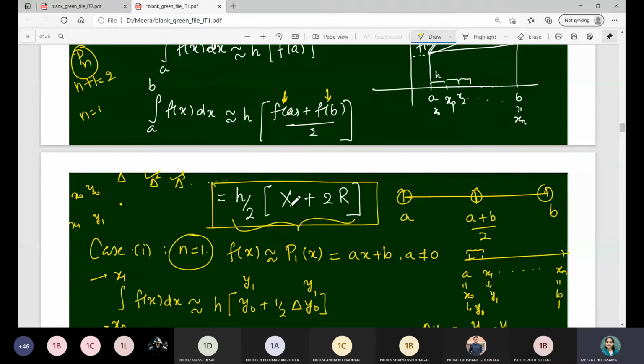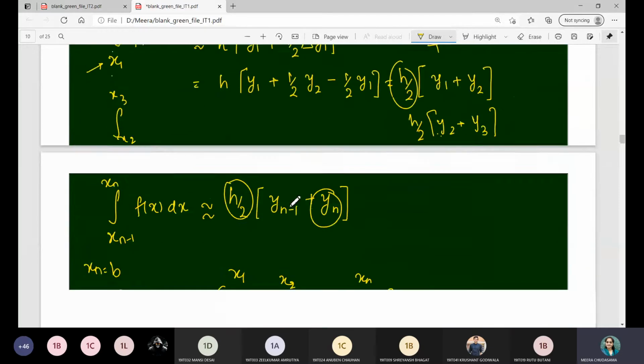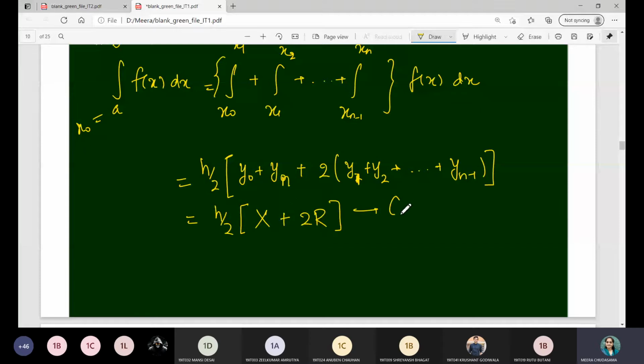Yesterday we have derived this, and today we have derived it with the numerical quadrature formula. So this is called the composite trapezoidal rule. You have to remember this formula for the example purpose. Okay, this is the trapezoidal rule.